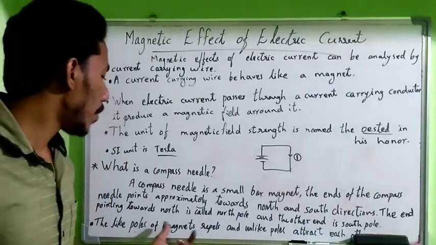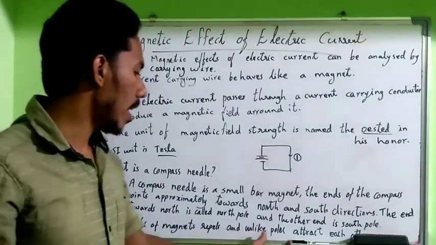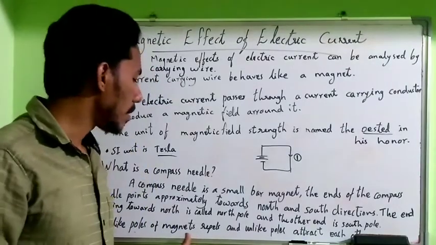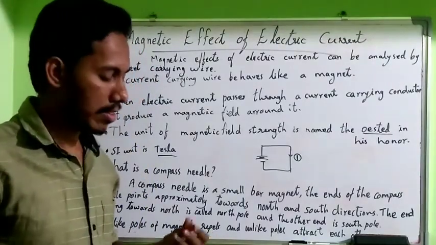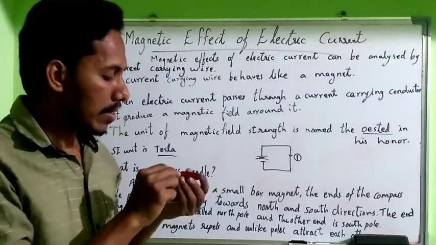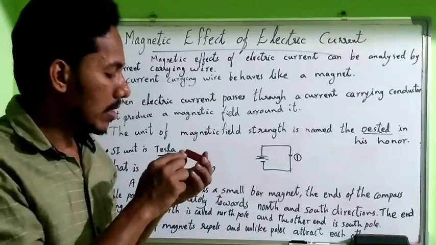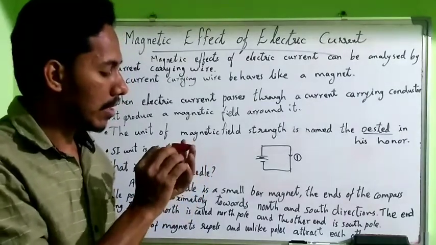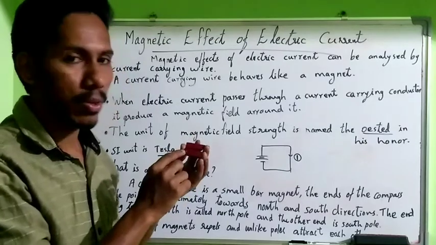Like poles of magnets repel and unlike poles of magnets attract each other. These are two bar magnets, this is the north pole, this is the south pole. In the same way, this is south and this is north.